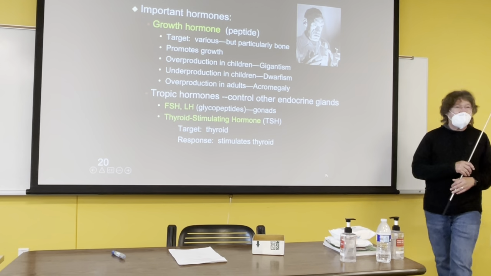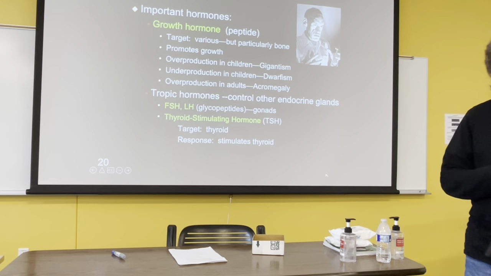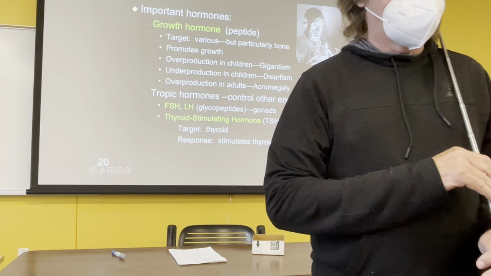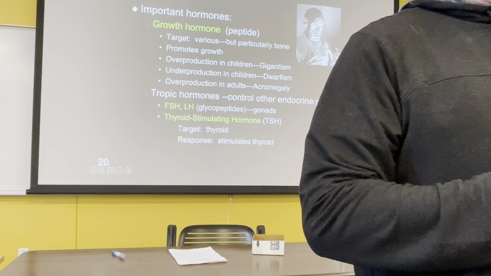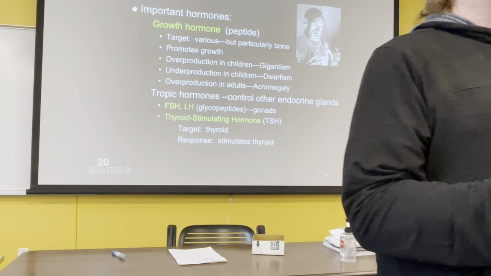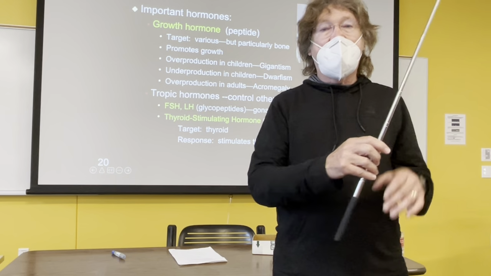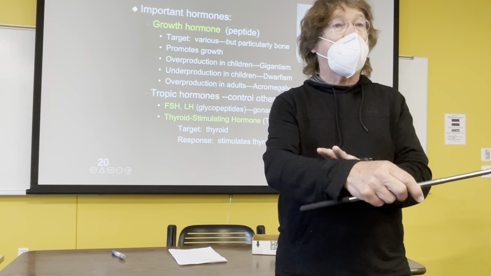Yes? Quick question about acromegaly? Is it any place that has cartilage? Usually it's cartilage, because by that time it's not influencing the bone. Because this is in an adult, okay? Those cartilage areas at the ends of the long bones have already mineralized.